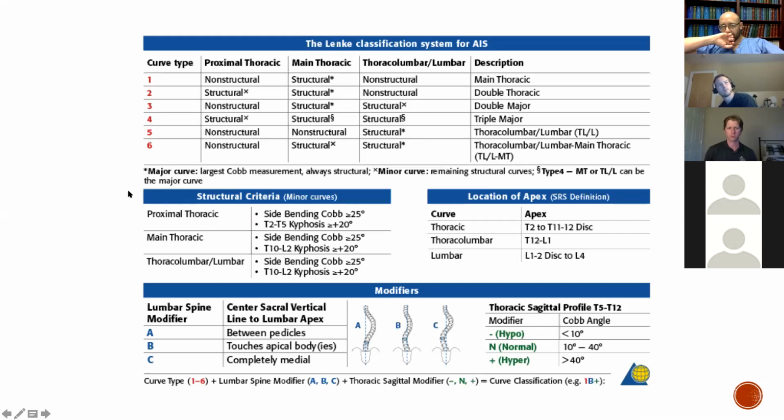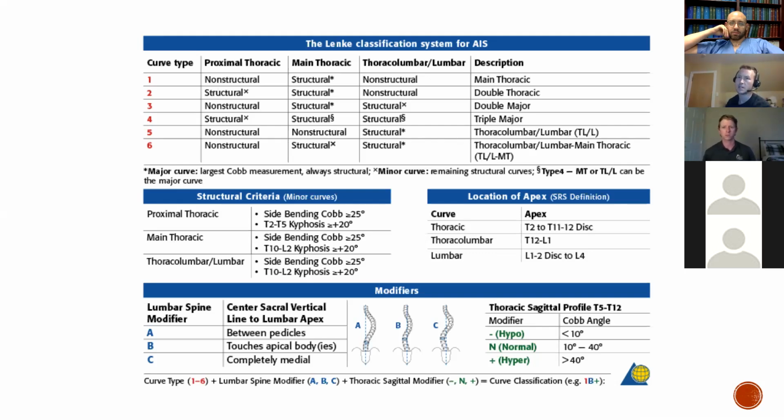This slide right here. It doesn't really take into account dextro or levoscoliosis, Lenke classification. We did make a point about dextro or levoscoliosis with regards to getting an MRI. If it's left-sided, there are multiple other indications to start thinking about an MRI, just because it's not your typical direction of the curve.